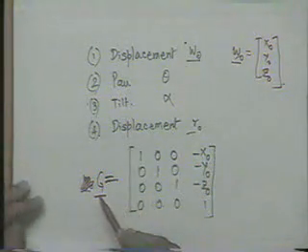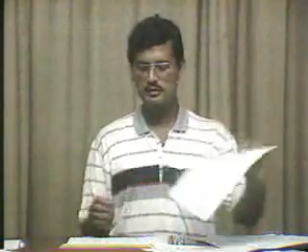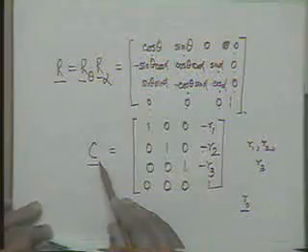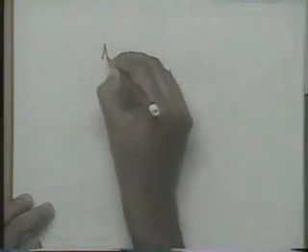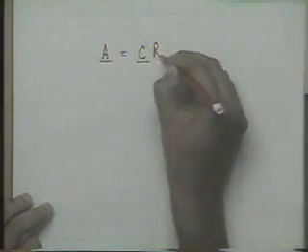So G indicates the displacement of the gimbal center with respect to the world coordinate origin. R was like this, C was like this, and combinedly now we can write that the combined transformation matrix A now becomes C R G.